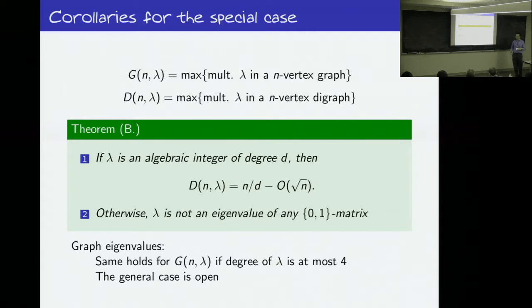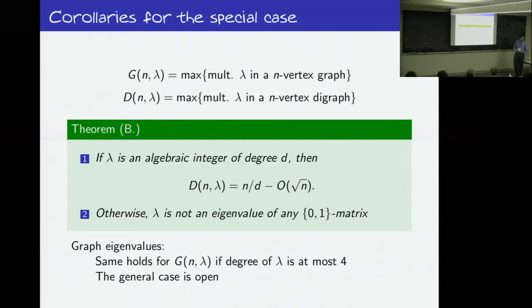If lambda is not an algebraic integer, it's trivial to see that there is no matrix like this at all with lambda as an eigenvalue. For graphs, I can prove similar results when the degree of lambda is at most 4. For the general case it's open, and depending on timing, I might mention what's happening there.